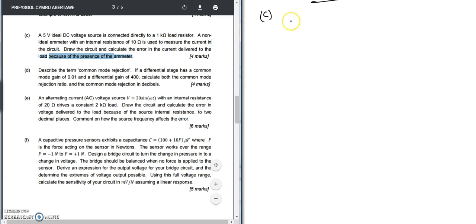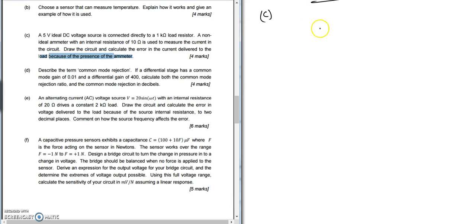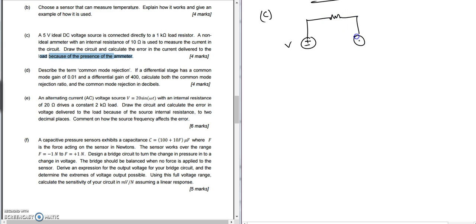Assuming, first of all, the simple first step, a resistor, then the ammeter has to be in series with the resistor to measure the current.